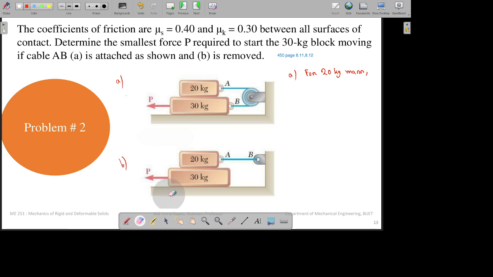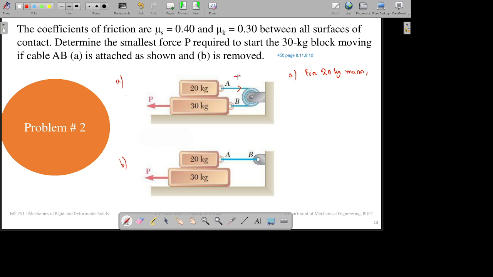So you can see over here the force P, like the tension, will go like this. So P will act over here. Now I'm going to determine the tension in this wire.